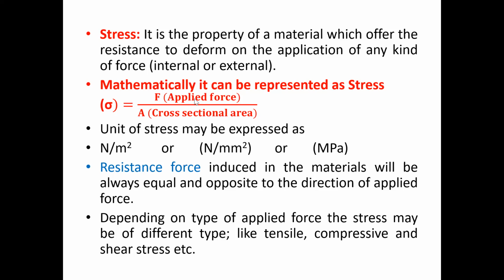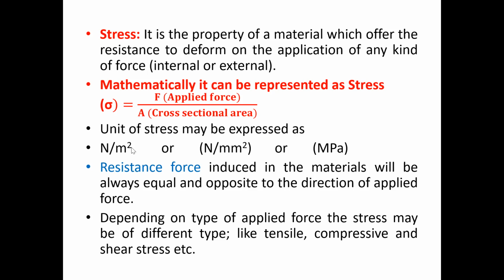So applied force or resistance force will always be equal, and the cross-sectional area is the area on which this force is applied. So force upon area. Always remember that resistance force will always be equal to applied force.